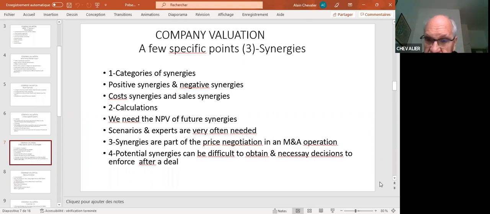But after that, you have to manage the process. That means you become the owner of a second company, the target, you merge with the target, and you have to check that in the years to come, all the synergies identified and introduced into the calculations are obtained by the management teams. And this is very often difficult because it's a process which takes 2, 3, 4 years.